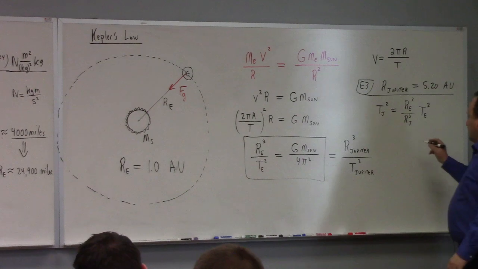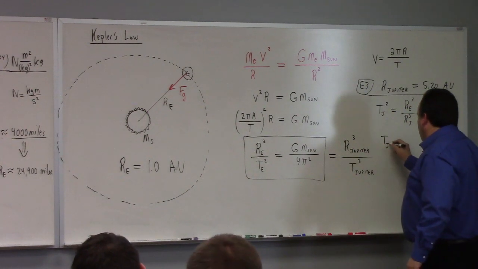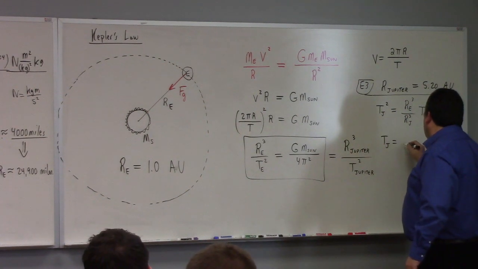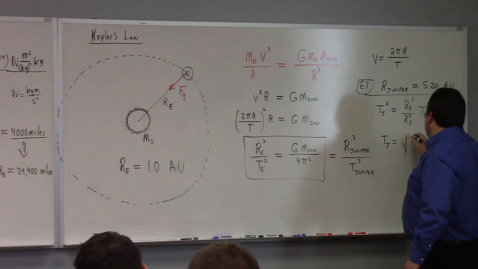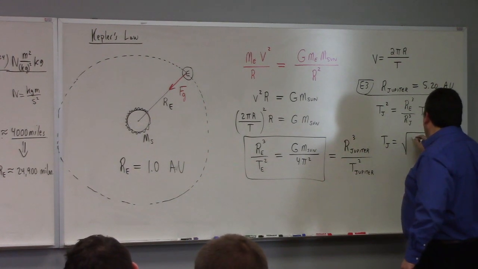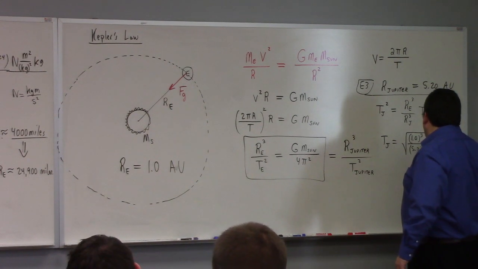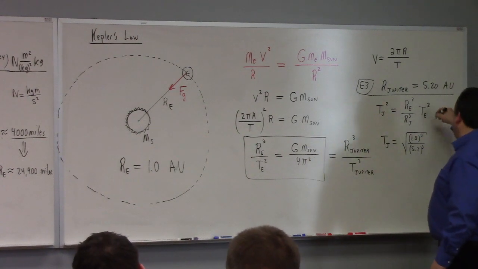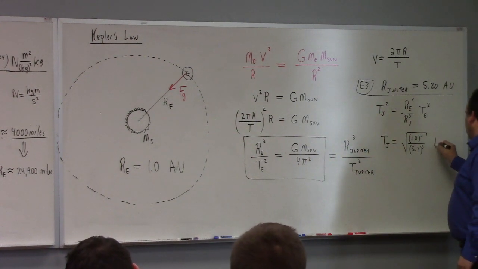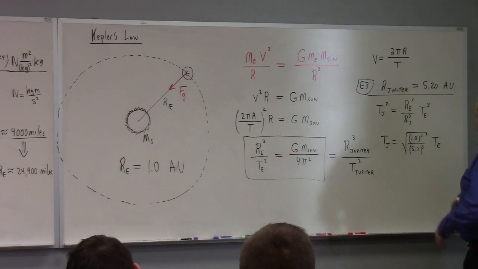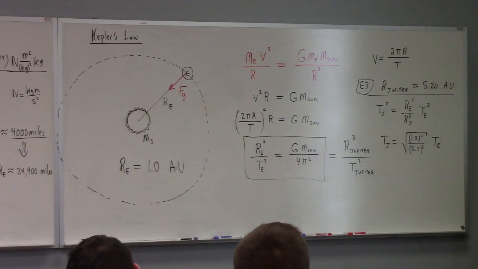And as such, this gives us that the period of Jupiter is equal to the square root of 1.0 cubed divided by 5.2 cubed, and then times T sub E, the period of the Earth. The period for the Earth orbit, of course, is 1 year. So we just have to work that out.